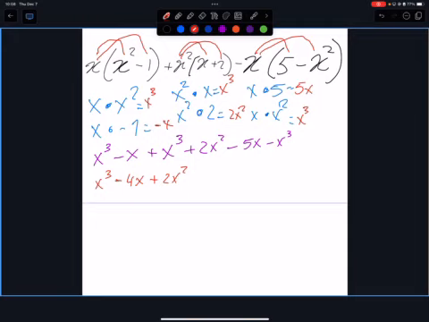The last term, negative x brackets 5 minus x squared. Negative x times negative x. Oh, yes. So it's positive at the end. Positive at the end, minus 5x. Yeah? Yes, that becomes positive. So it's multiplied. Negative x multiplied by the x.